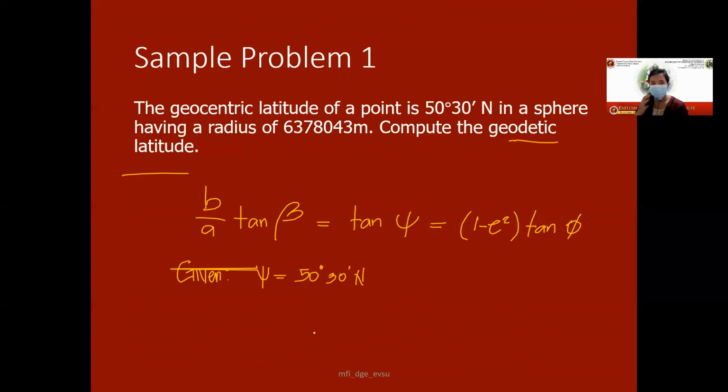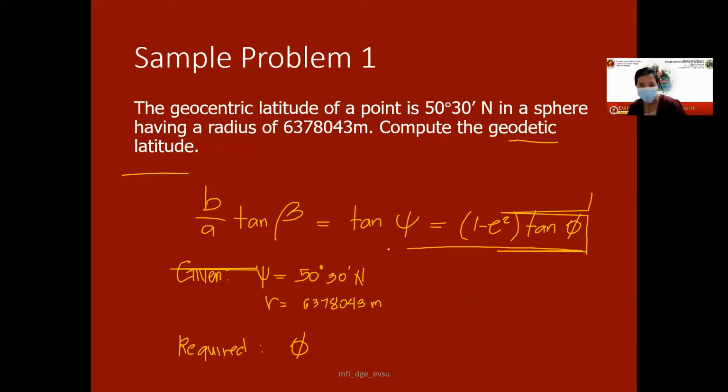Okay, right? And then you are given the radius of the sphere, r equals 6378043 meters. Then we are required to compute the geodetic latitude phi. So we are looking into these two relationships here, right?